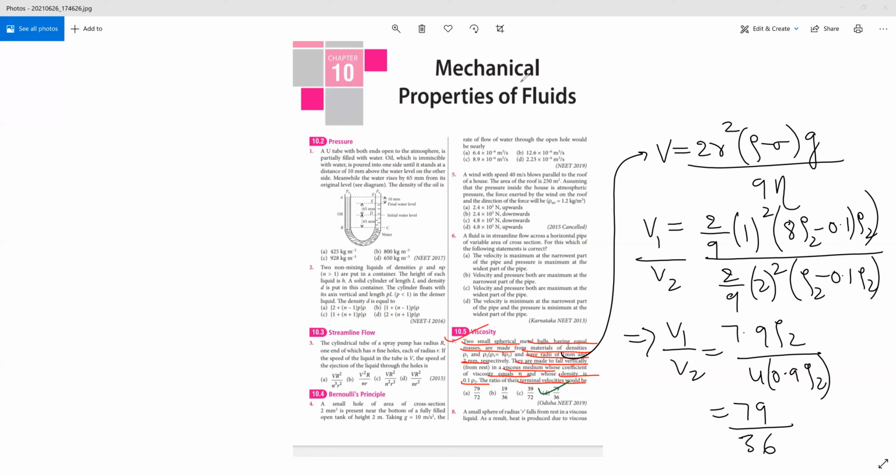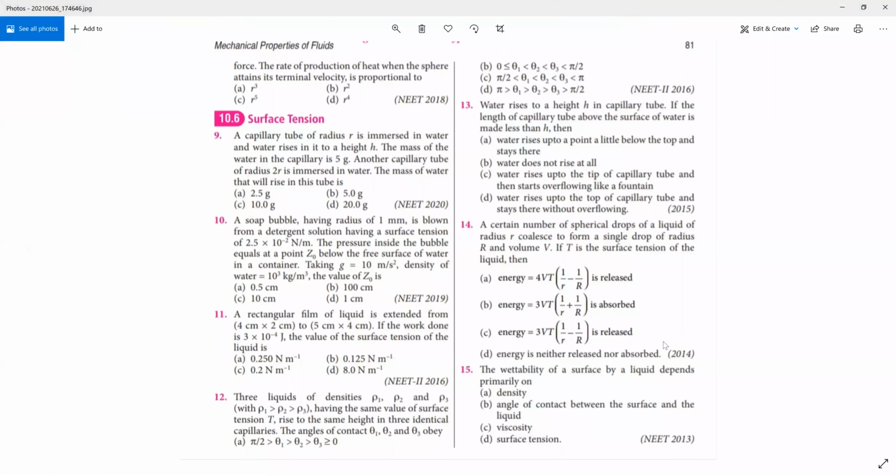So next, eighth one. Just observe the question. A small spherical ball of radius r falls from rest in a viscous liquid. Heat is produced due to viscous force.